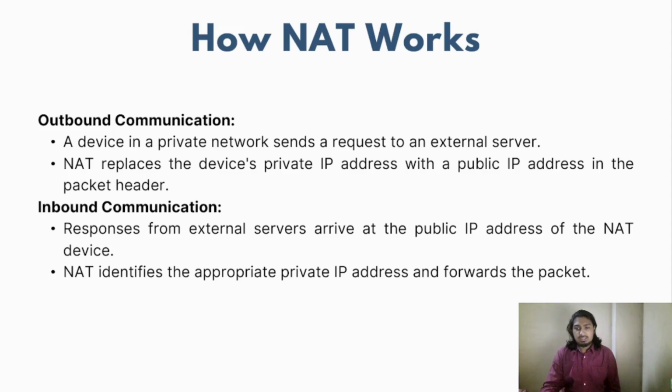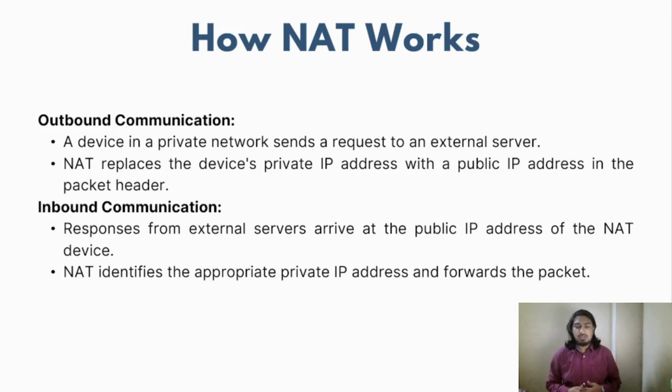Inbound communication: when the external server sends a response, it arrives at the NAT device's public IP address. NAT then identifies the appropriate private IP address of the original requester and forwards the packet back to the device. This two-way translation is seamless and ensures secure and efficient communication between private and public networks.